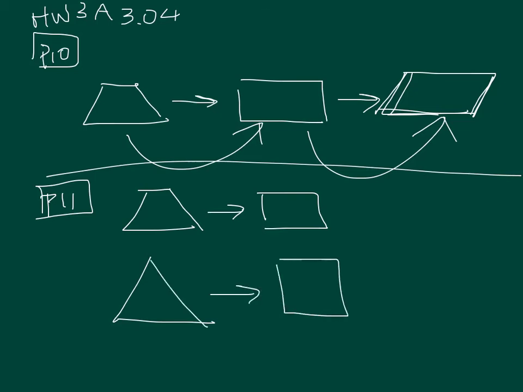Okay, so how can we make a triangle out of a trapezoid? Maybe we can make a rectangle, and then once we get the rectangle, reverse the process of making a rectangle from a triangle. So reverse the process so that we can go from trapezoid to rectangle and rectangle to triangle.